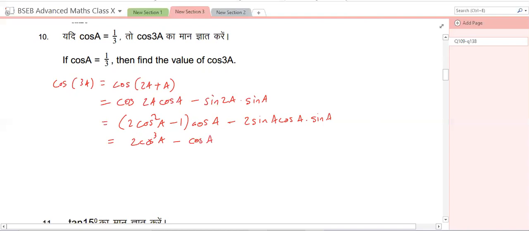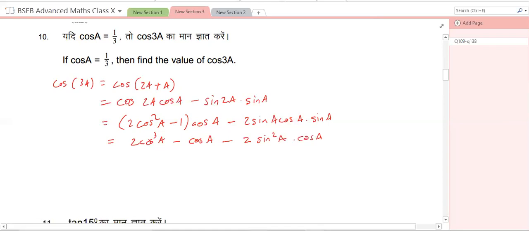Cos A times 2 cos squared A is 2 cos cubed A minus cos A, subtract 2 sine squared A times cos A.